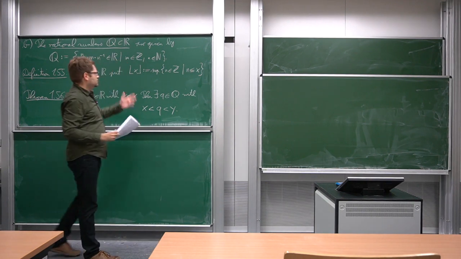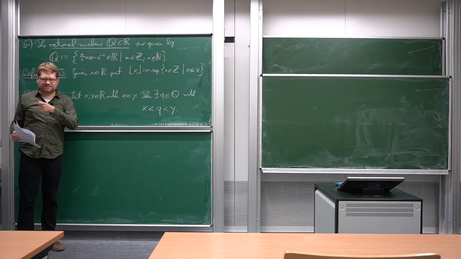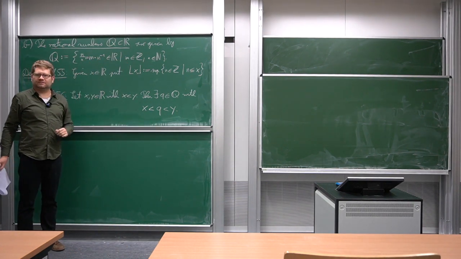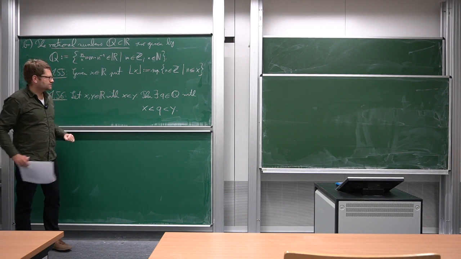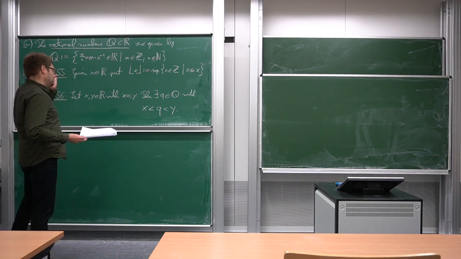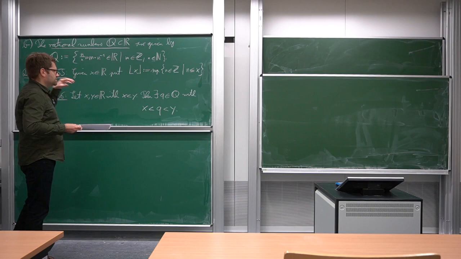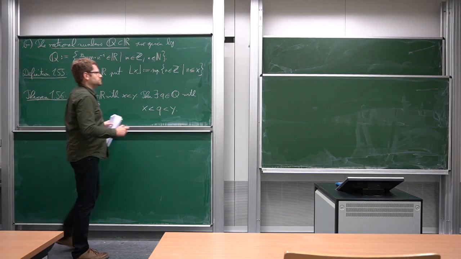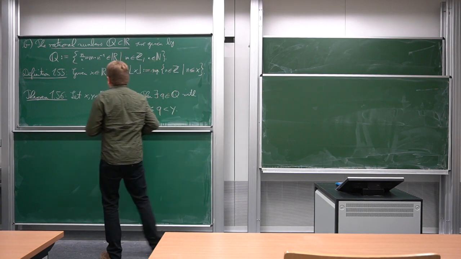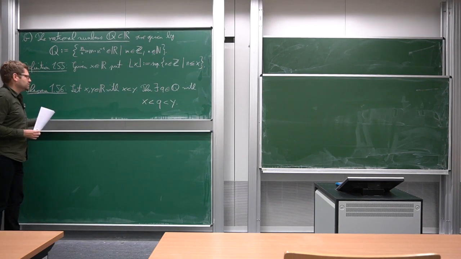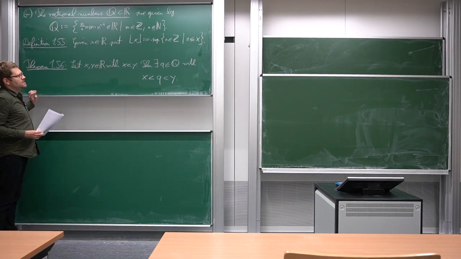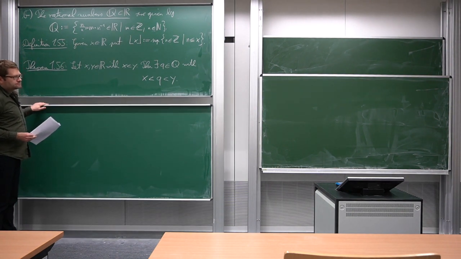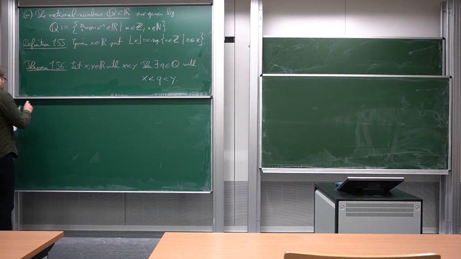So if you imagine the real number as a number with infinitely many decimal digits, we just cut away all the digits and set them all to 0. This would be what happens here. So the biggest integer that is smaller than or equal to this number. Okay, and I will now use this notion here in the proof of this theorem. So how can we do this?